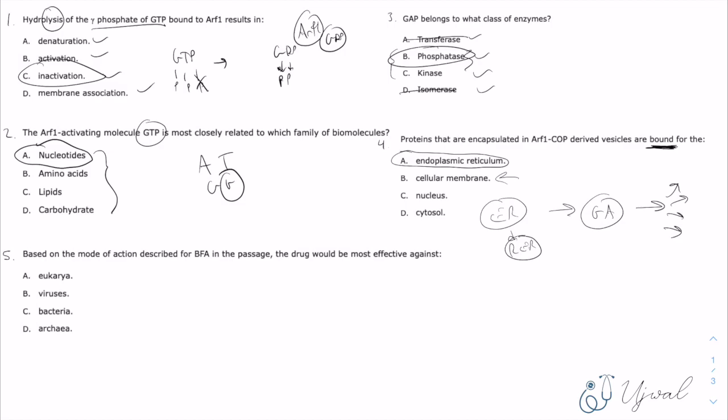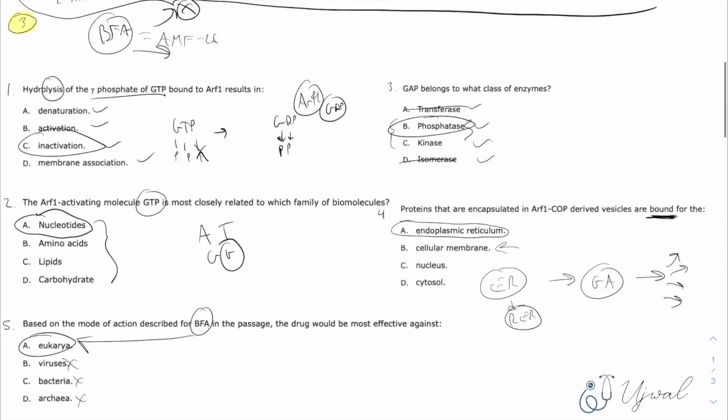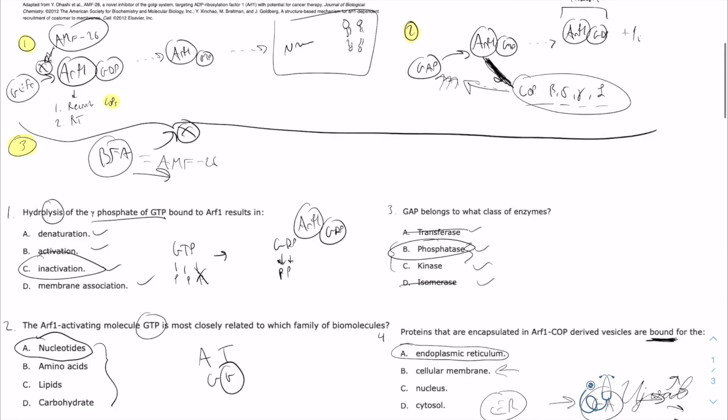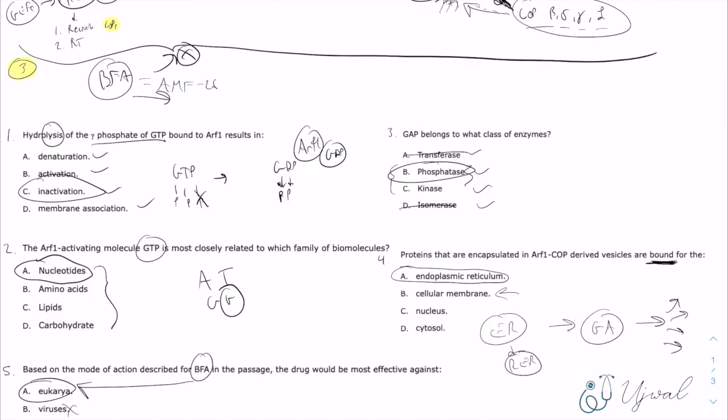And so that means BFA won't be effective against viruses, bacteria, or archaea, but it can definitely be effective against eukarya for that reason. And that's why BFA is going to be most effective against eukarya, because they have Golgi apparatuses, and that's exactly the process inside of the Golgi apparatuses where we have this ARF1 molecule allowing for vesicle formation to take place. That is the process that's being disrupted by BFA. So that's exactly why BFA will be most effective against eukaryotes.